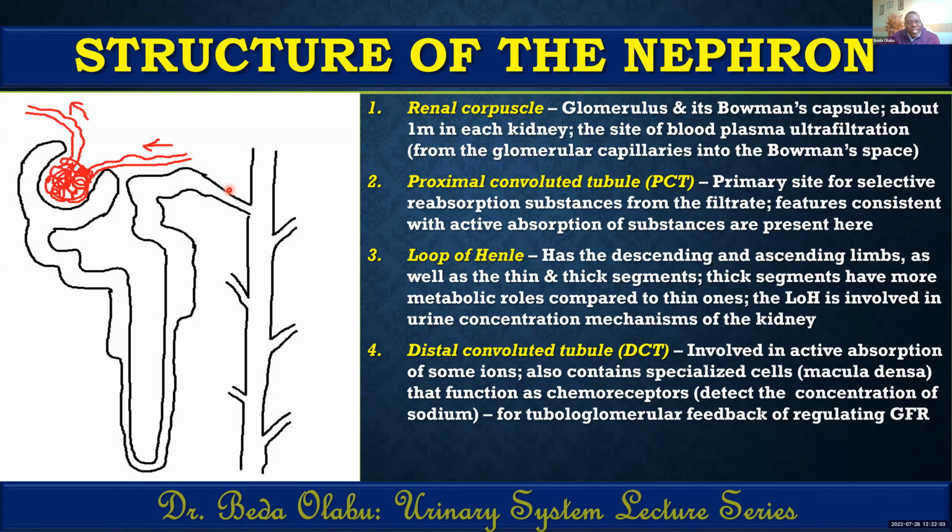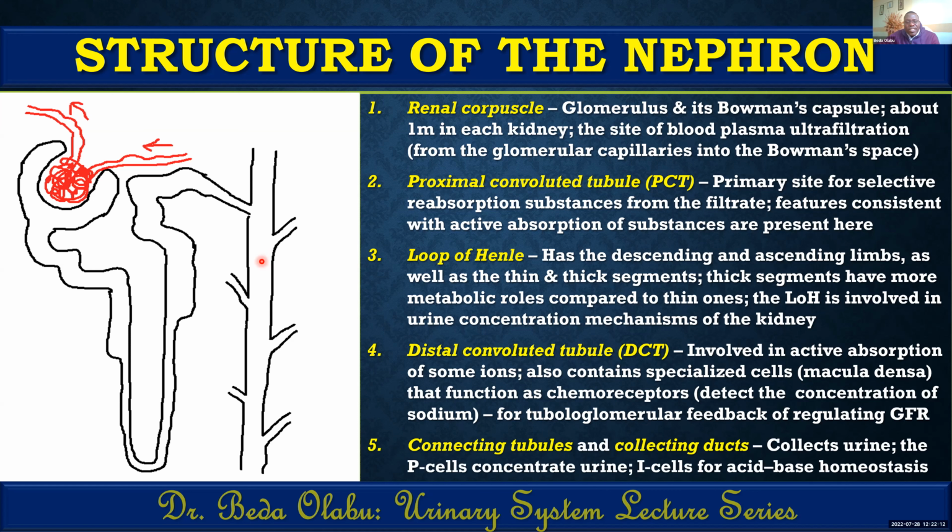Then we have the connecting tubule and the collecting duct there. The collecting tubule and the collecting ducts simply collect urine, and remember they'll merge and form the papillary ducts which empty into the minor calyces.